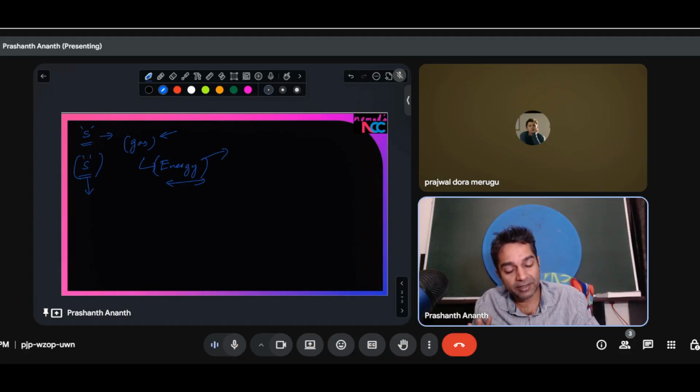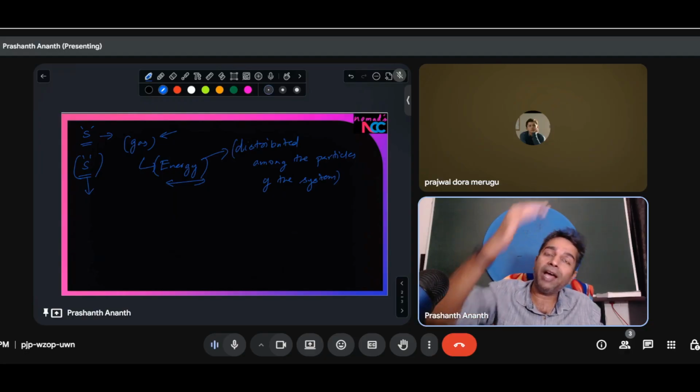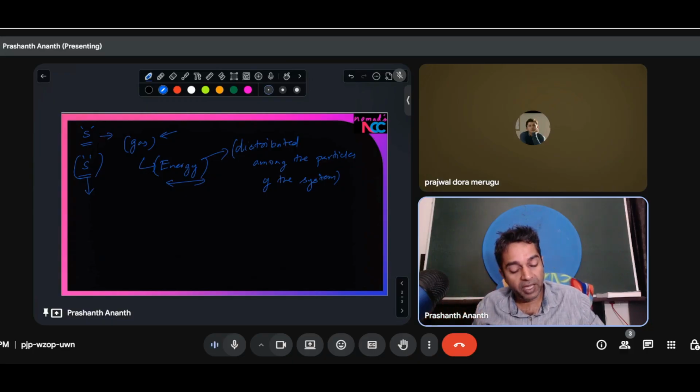So the energy here is going to be distributed among the particles of the system. Now when I say among the particles of the system, I am talking about going as deep down as possible, meaning it is effectively distributed among the various quantum states.